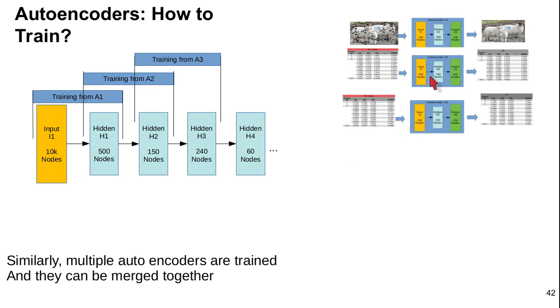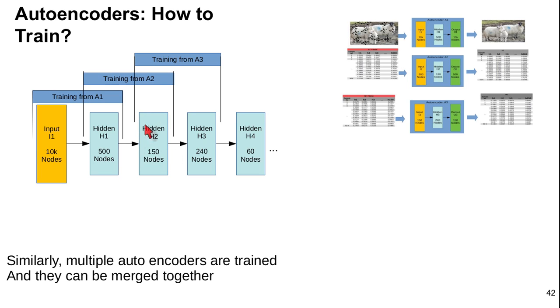For instance, the hidden layer H1 from autoencoder A1 and its input layer are placed here. When an image is input to this layer, these two layers in combination would generate 500 features from that input image. Now the hidden layer H2 from autoencoder number A2 is placed here.